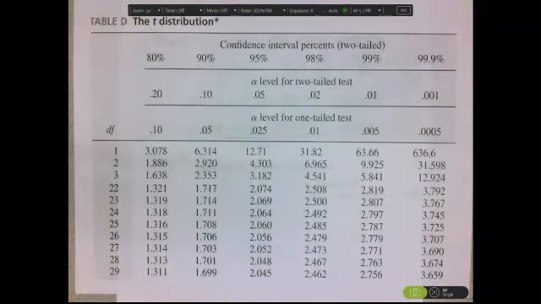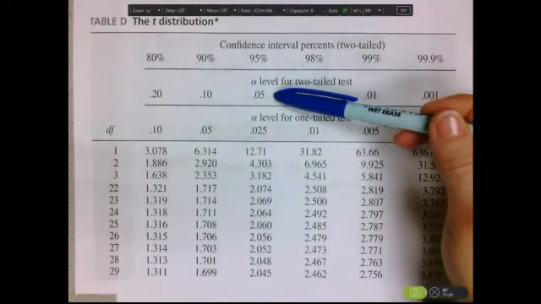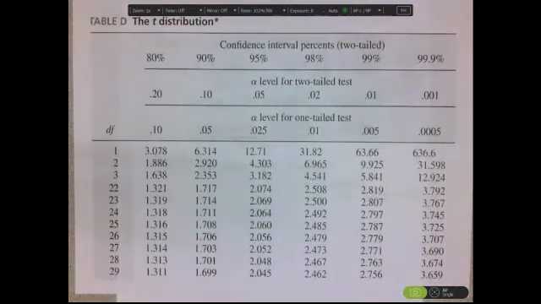And now we can look at our t-distribution table, and we need to look at our level of alpha for the two-tailed test. So alpha, we decided our critical value is 0.05 for our decision rule. And we're looking at a two-tailed test because our null hypothesis is that the population mean mu is equal to 98.6 degrees Fahrenheit.